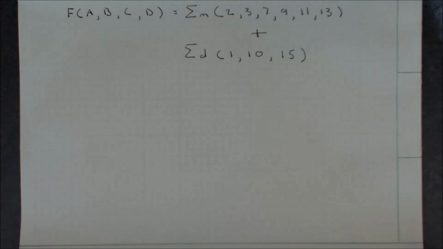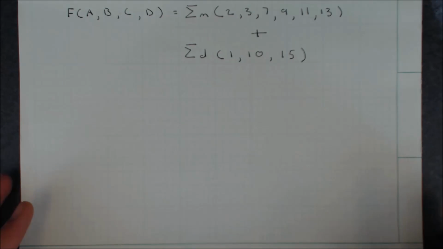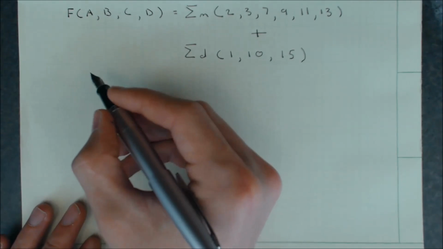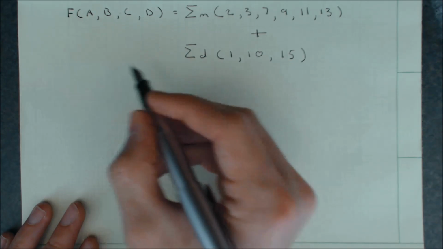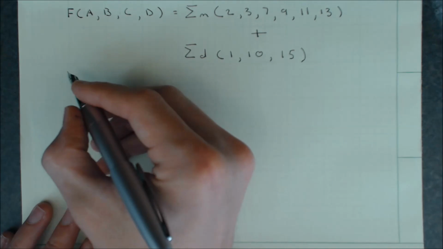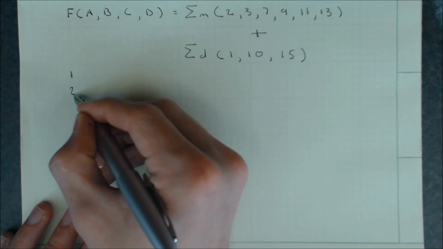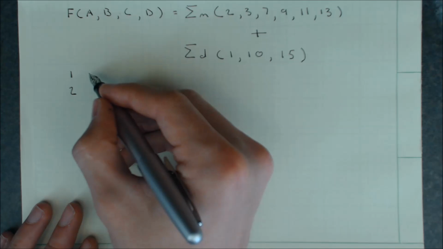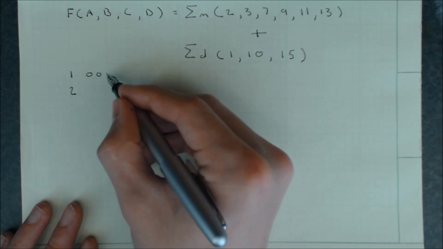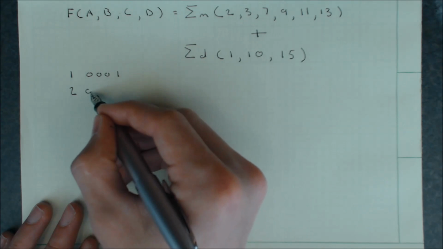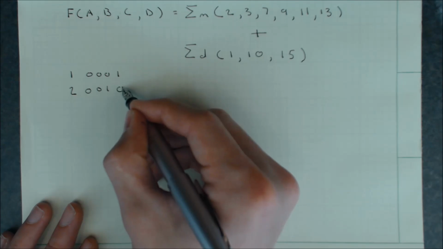So the first thing we're going to do is sort all of these numbers by their binary representation, specifically by the number of ones that they have in every single term. So if we start doing that, we notice that we have two numbers in here that only have one 1. That will be the numbers 1 and 2, whose 4-bit binary representations are 0, 0, 0, 1, and 0, 0, 1, 0.